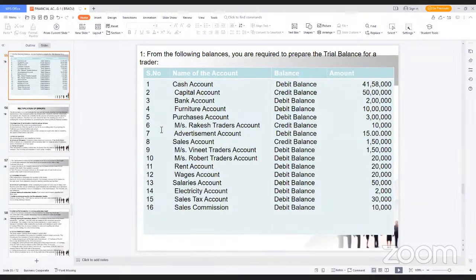So you're making one is the name of the account, debit balance and the credit balance. So debit and credit. In the debit, you will be writing this amount. On the credit, you'll be. So this trial balance should tally. It should come to the same answer.